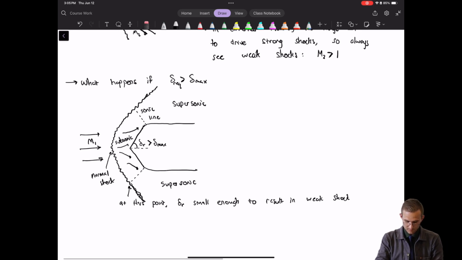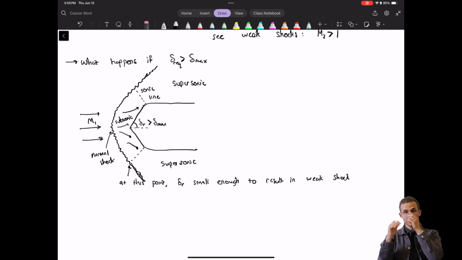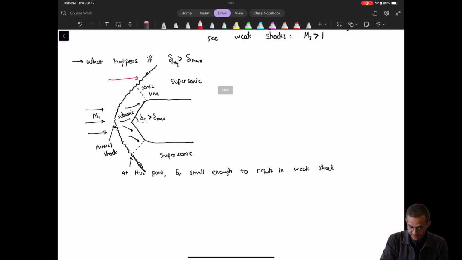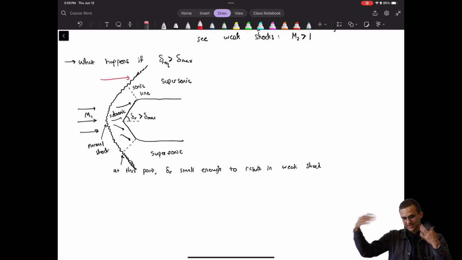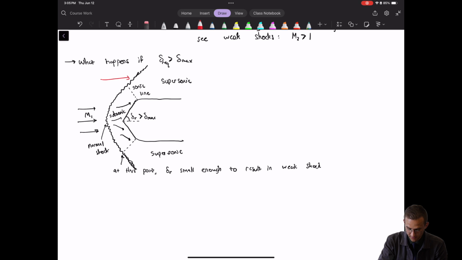Okay. So just upstream of the object, you have this brief transition to subsonic so that the flow can properly adjust its flow direction around the blunt object. But for everything that enters beyond this sonic line point, the flow direction is adjusted through a weak shock from that point forward.